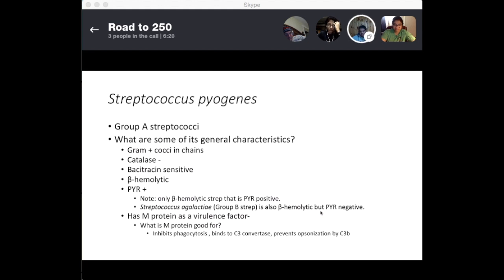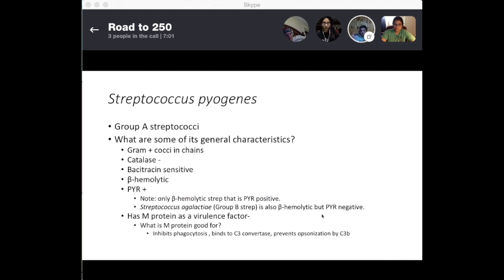It binds to H class proteins in our bodies, and it also binds to C3 convertase, which prevents opsonization by C3b. So this M protein inhibits phagocytosis, and it's kind of a big thing because antibodies to M proteins will come up later in rheumatic fever, and M proteins also show up in post-streptococcal glomerulonephritis.